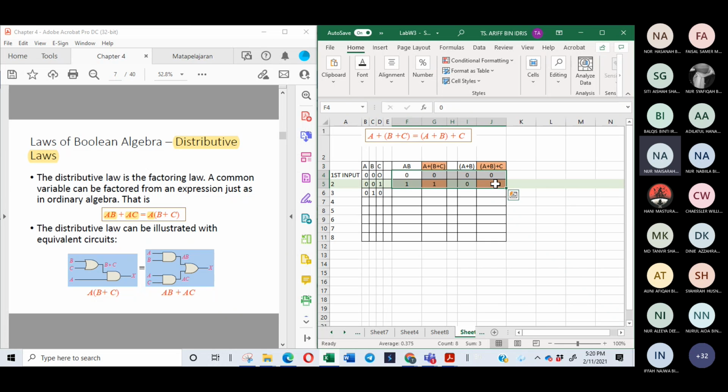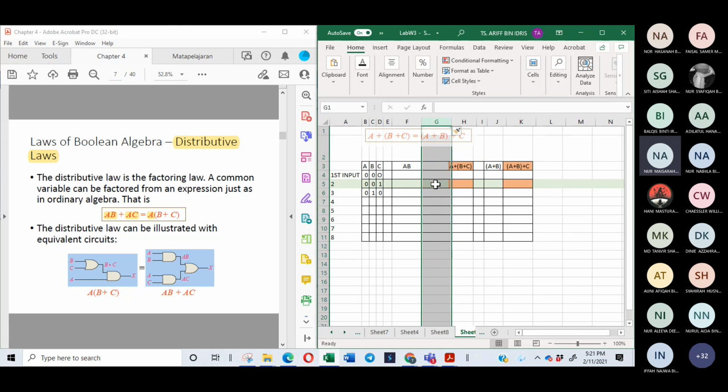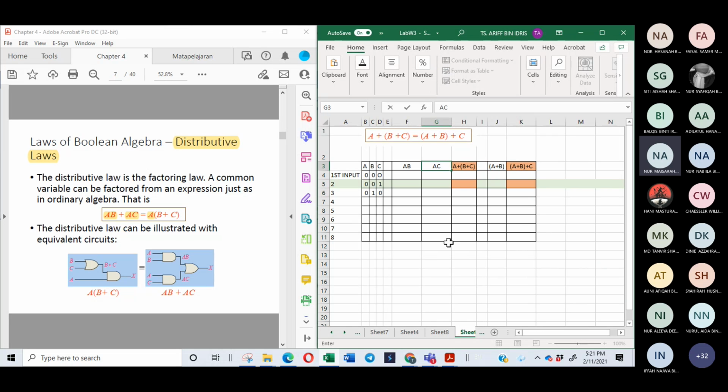Still we have the same input combination, because we have A, B, and C, right? For this one, you need to insert another one. So this one you can put AC, right? What is the distributive law that you want to prove?